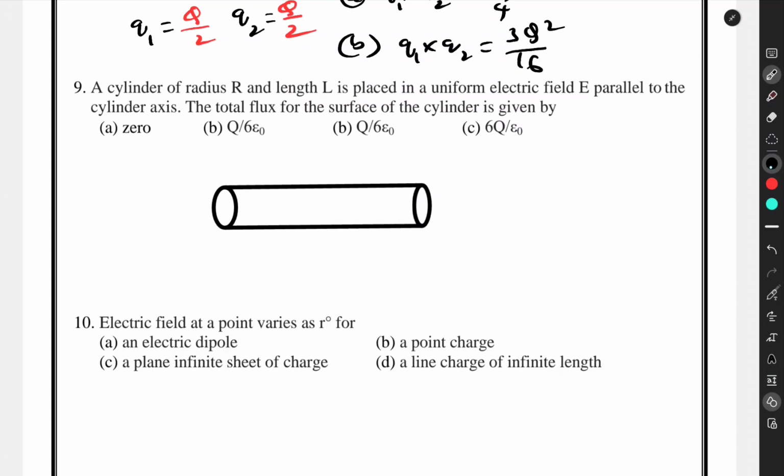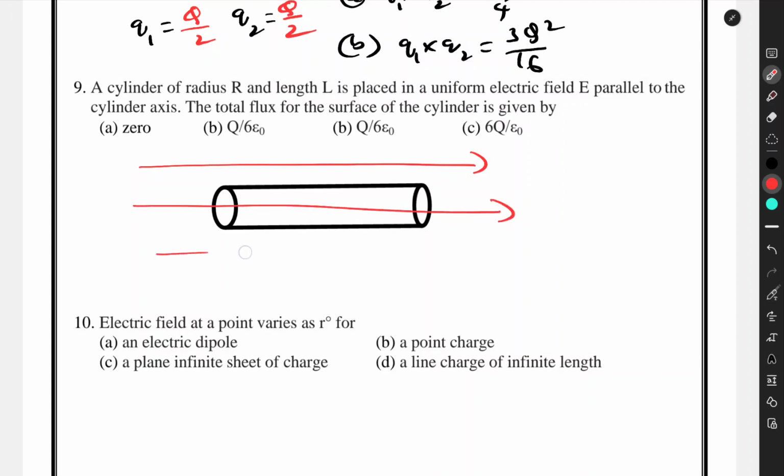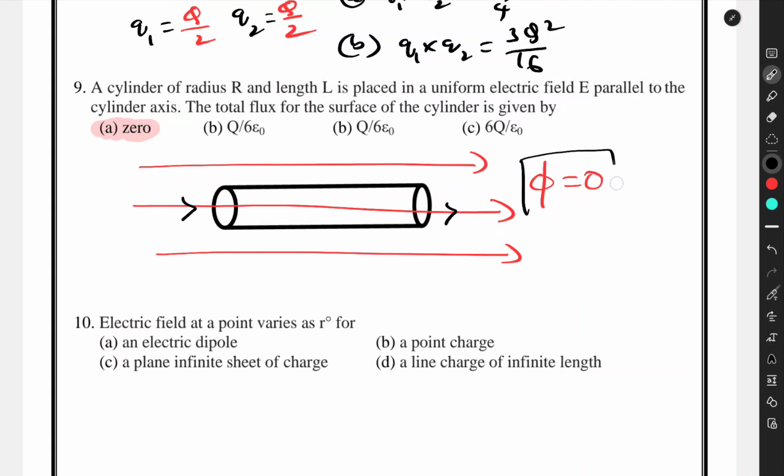Now if I consider some electric field lines along the axis of the cylinder, what is the total flux through the surface? It is 0. Why? Because the number of field lines entering the surface is equal to the number of field lines leaving the surface. That's why the electric flux through the surface is 0.